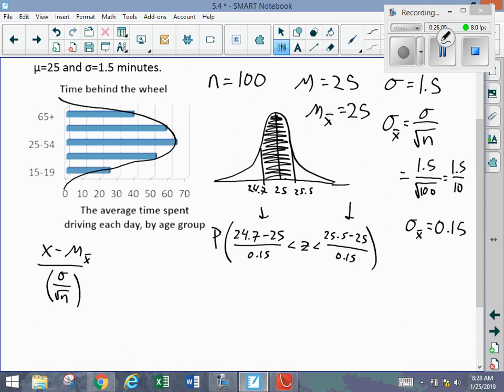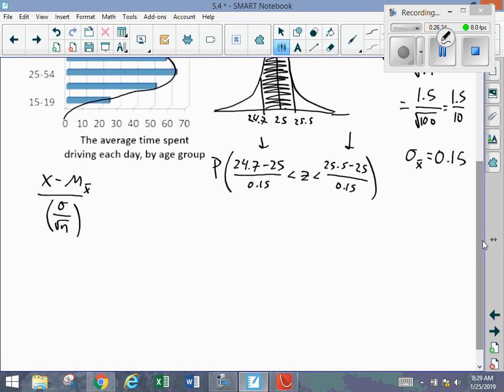Then you would find this z-score, go to the table and find an area, and you would subtract this one from this one. So you would go this minus this, and you would get your area. That's the way to do it with the z-table. I think we'll go ahead and do it that way, and then I'll do it with the calculator too, and from that point on I'll just do it with the calculator.